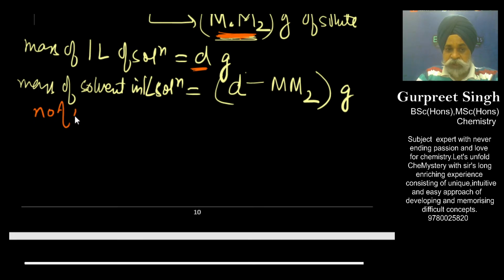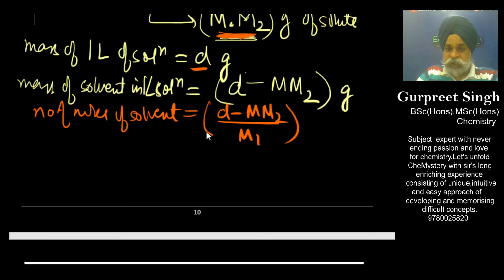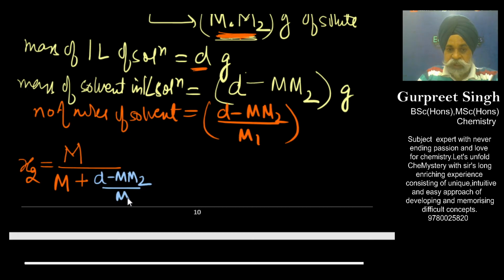And once you get the mass of the solvent, you are through with the answer, because I may say number of moles of solvent would be d minus mM2 upon M1. M1 is the molar mass of the solvent. Now what are you supposed to find? Mole fraction of 2. That would be number of moles of solute, that is m, upon number of moles of solute plus number of moles of solvent. The number of moles of solvent is d minus mM2 upon M1.